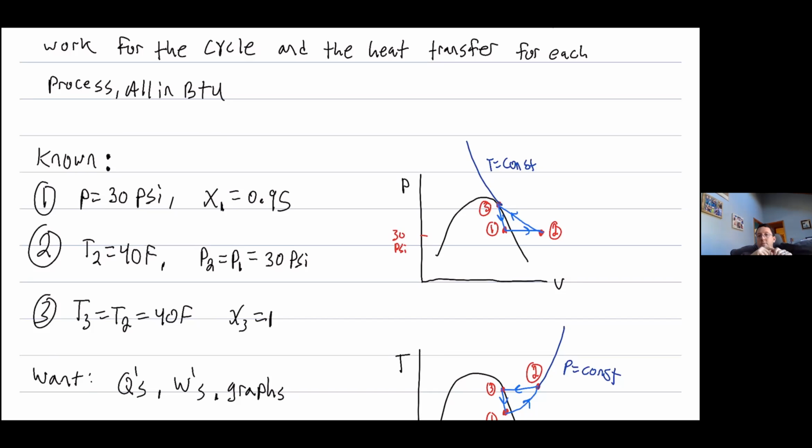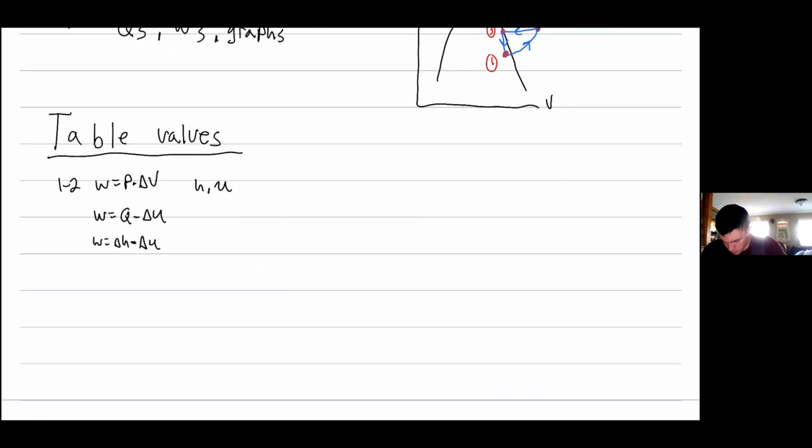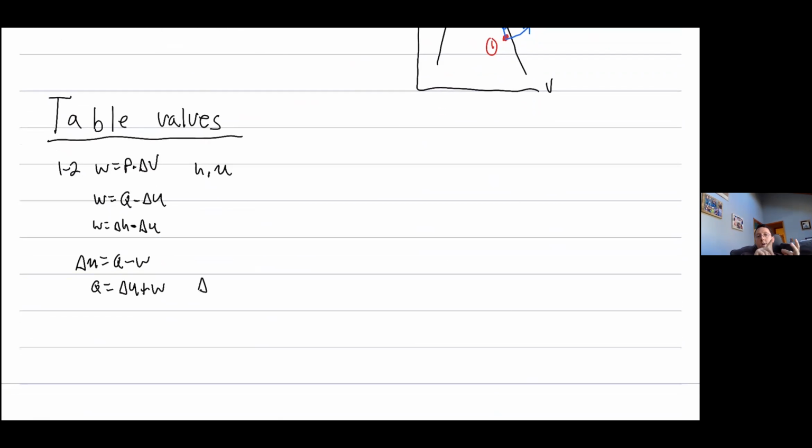So you're going to have to use the first law. What is the heat equal to then? And you know the work from 2 to 3, and we can find the internal energies, right? So now add that to your list of numbers. You need H1, U1, H2, U2.